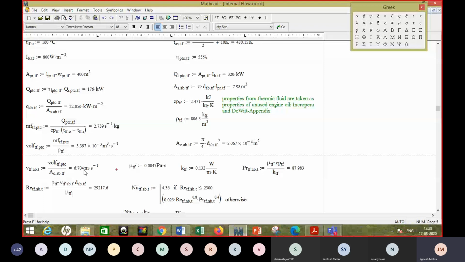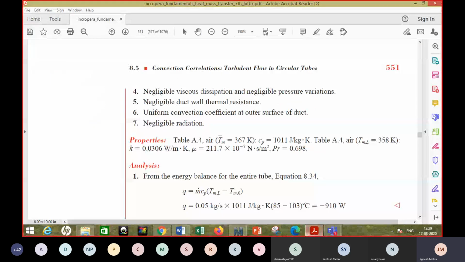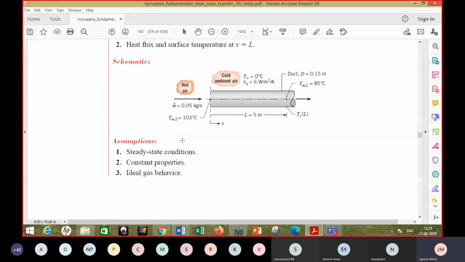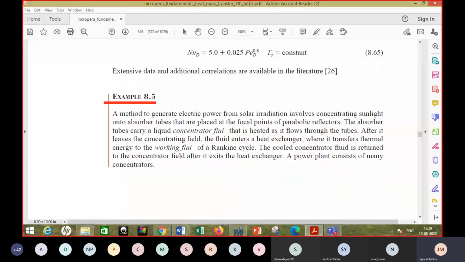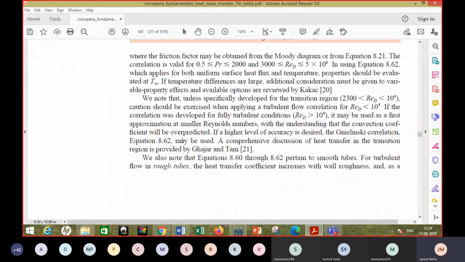So which correlation can you use for the turbulent flow? Even this, I suppose, was discussed earlier. One of the very common or popular correlations is for fully developed turbulent flow.